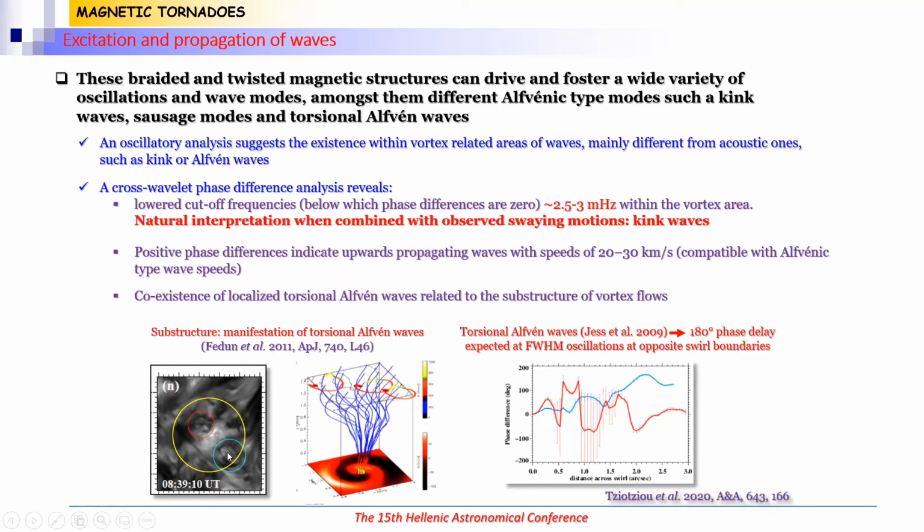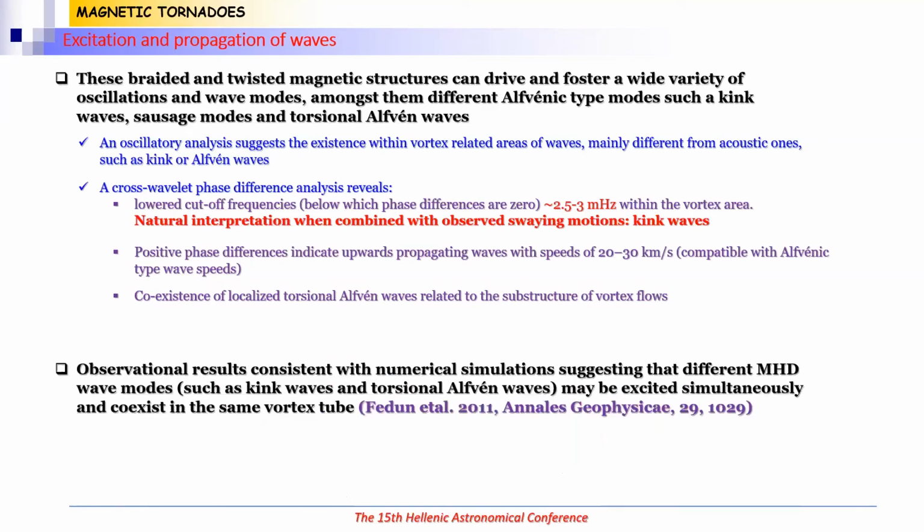And actually, within one of these substructures, the cyan swirl, we do achieve this phase delay, suggesting that there are also torsional Alfvén waves within the structure.